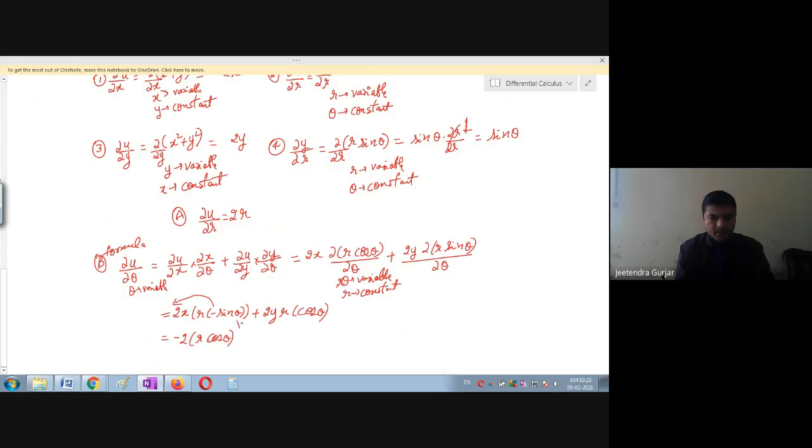I will keep sin theta as it is here, sin theta plus again 2 I will keep as it is. I will substitute only y value. What is the y value? It is r sin theta, and outside I will keep here r cos theta as it is. Yes, friends, you can further simplify very easily. So you can see this is minus 2r, right?